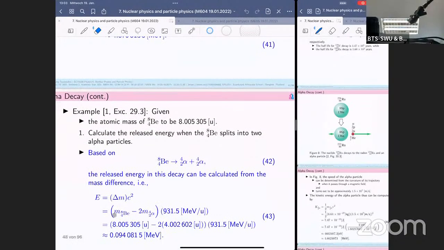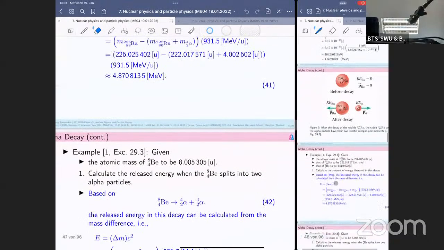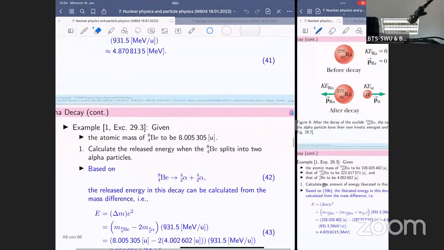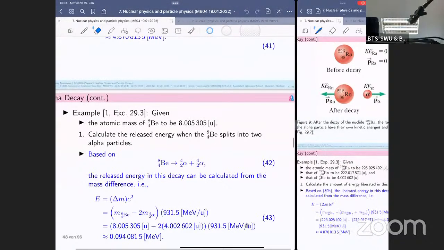The mass of beryllium is 8.005, minus 2 times the mass of the alpha particle, which is provided here, 4.0062. You take that value multiplied by 2, and after that you still have 931.5, which is the conversion number from the Albert Einstein formula.